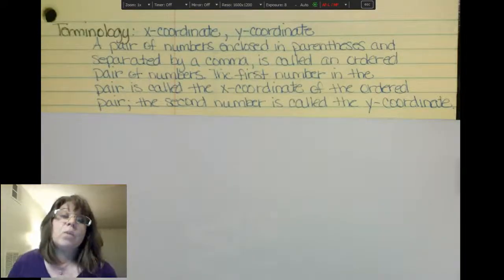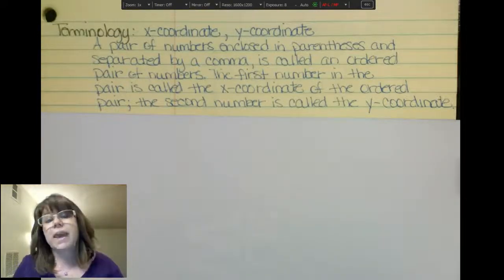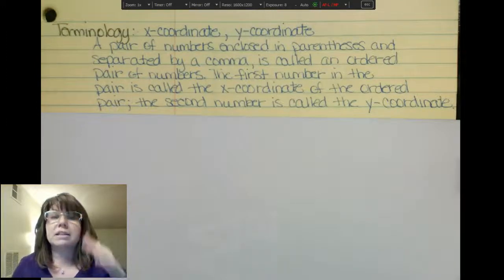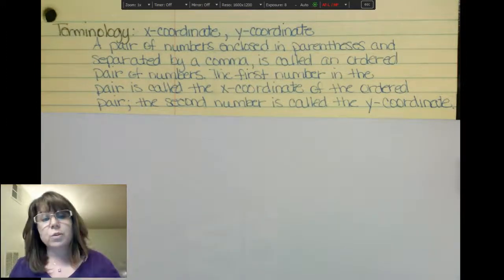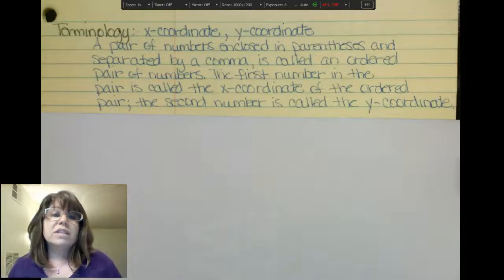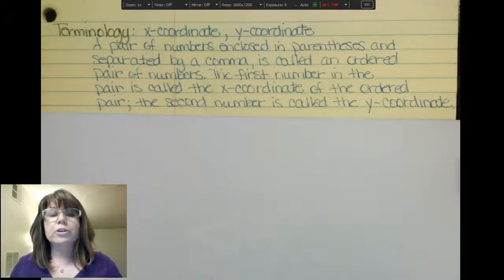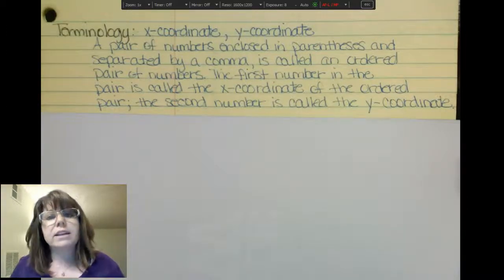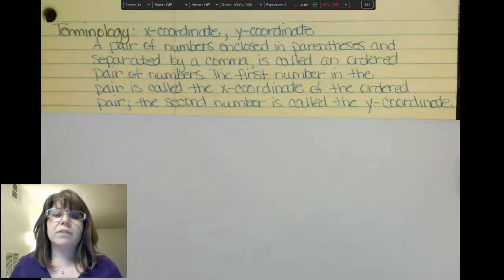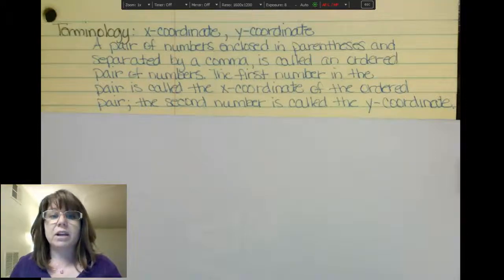In this lesson, we have quite a bit of terminology. We have some vocabulary that we need to get down because we're going to be talking about this and we want to use the right terms. First is the x and y coordinate. A pair of numbers enclosed in parentheses and separated by a comma is called an ordered pair of numbers. The first number in the pair is called the x coordinate of the ordered pair, and the second number is the y coordinate of the ordered pair.